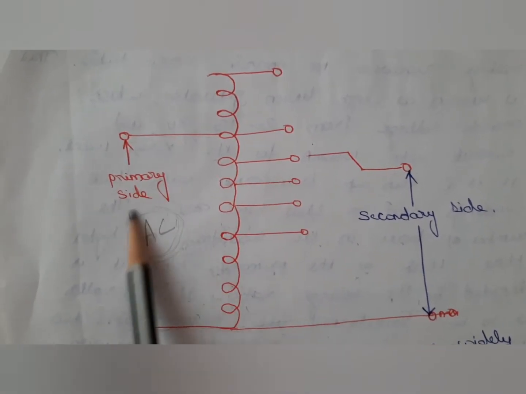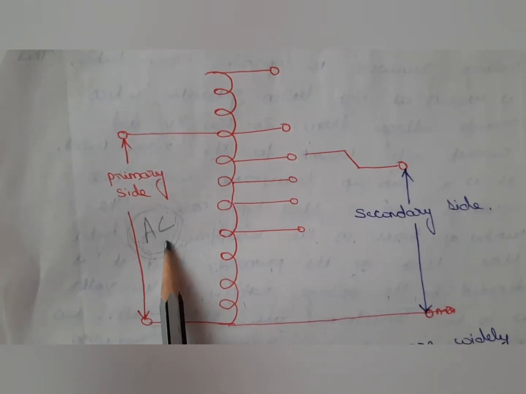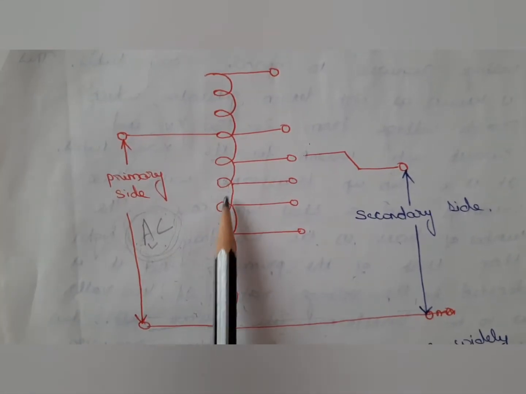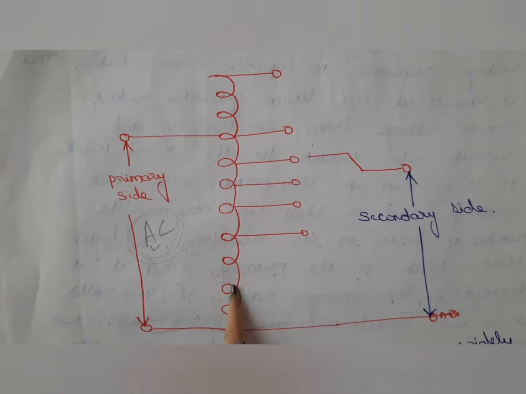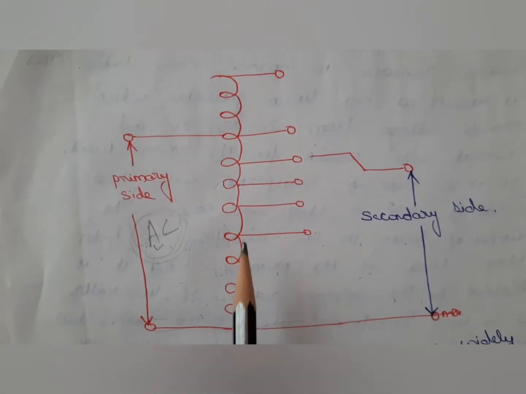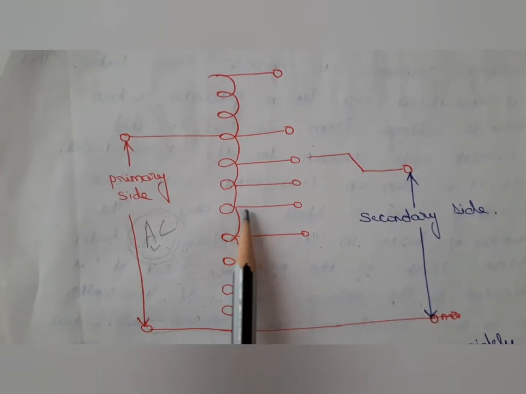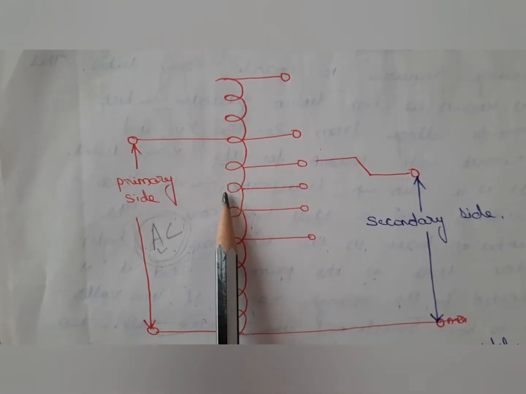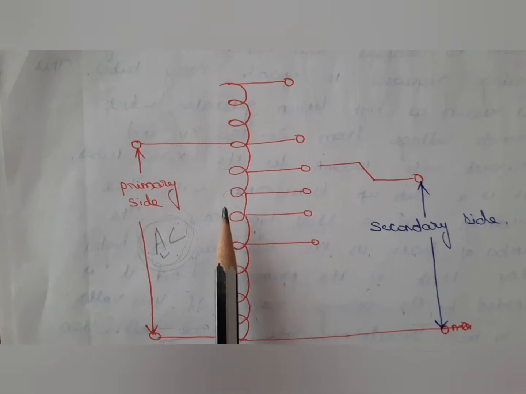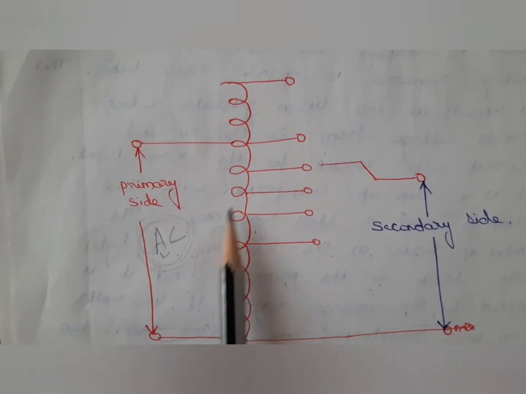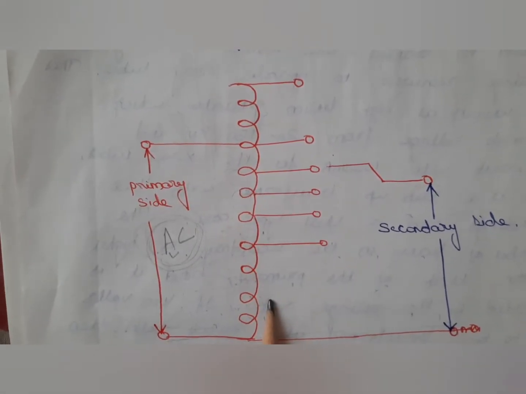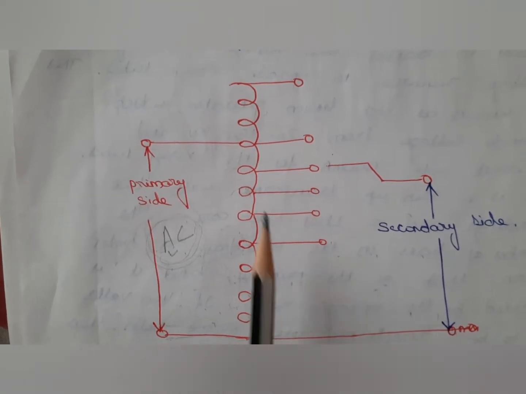Now what happens here? An alternating current will be applied. This alternating current will induce a flow of magnetic flux around the core. This magnetic flux will induce a voltage. The induced voltage will depend upon the number of turns. That means the induced voltage will be proportional to the number of turns of the coil.